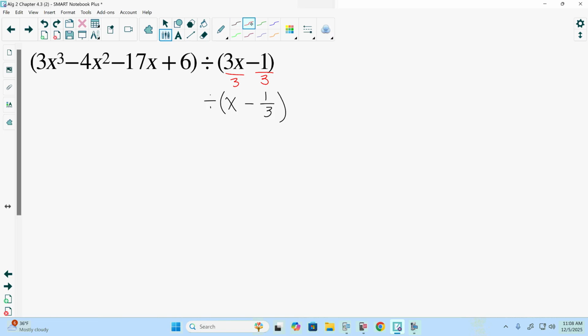However, we can't just divide the second part by 3. We actually have to divide everything by 3. 3x cubed divided by 3 is x cubed. That's fine. Negative 4x squared divided by 3, well, that's going to be negative 4/3. 17 divided by 3 is 17/3.